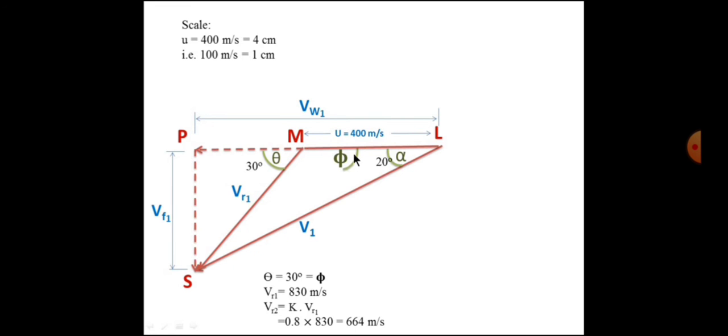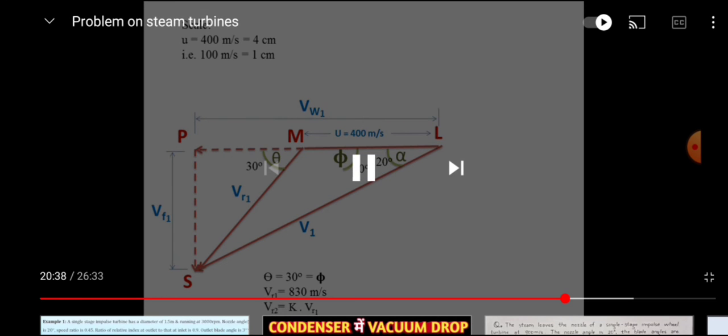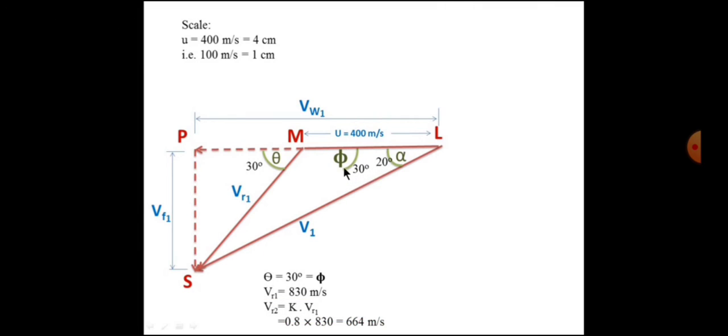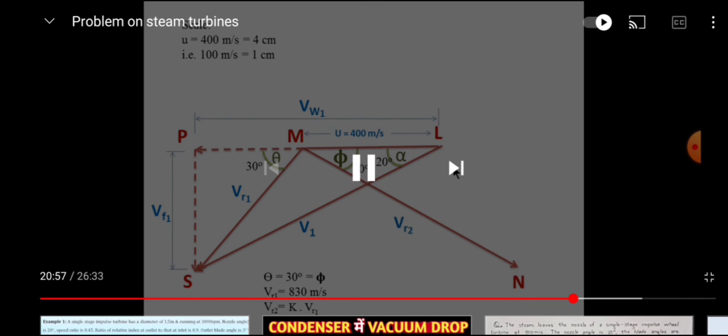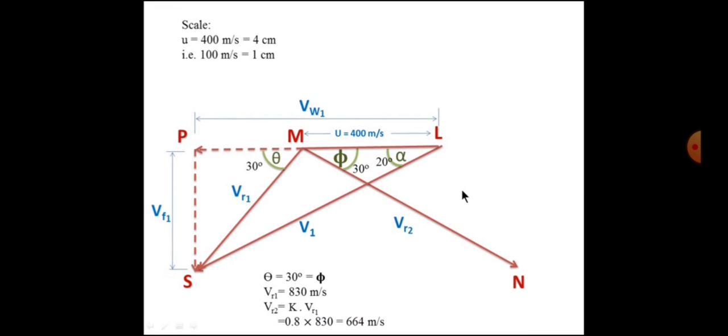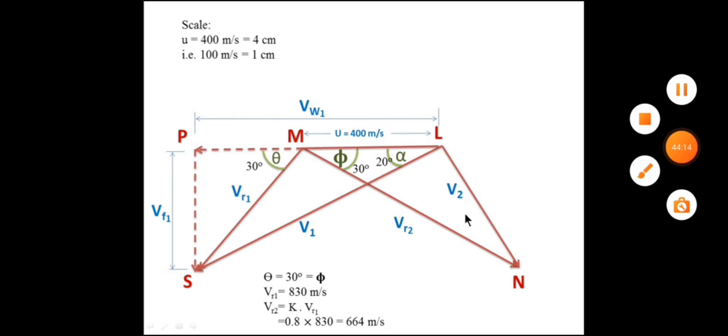So now we have taken an angle of 30 degree here, and at the angle of 30 degree we need to draw a line, and the length of the line will be equal to 664 meter per second. That means near to 6.64 centimeter. So we need to draw this line. Now after drawing this line, we get an end point N, and if we join point L to point N, we will get segment LN representing the absolute velocity at outlet V2.